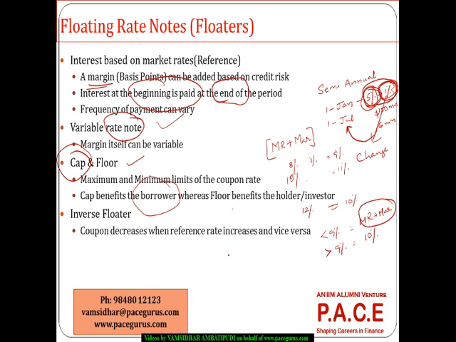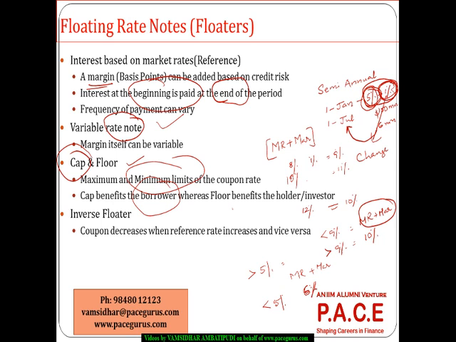Similarly, when we are talking about a cap on the lower side, we are calling it a floor. As long as the market rate is greater than 5%, we can talk about the market rate plus margin. But if the market rate goes below 5%, we'll say a fixed 6%.